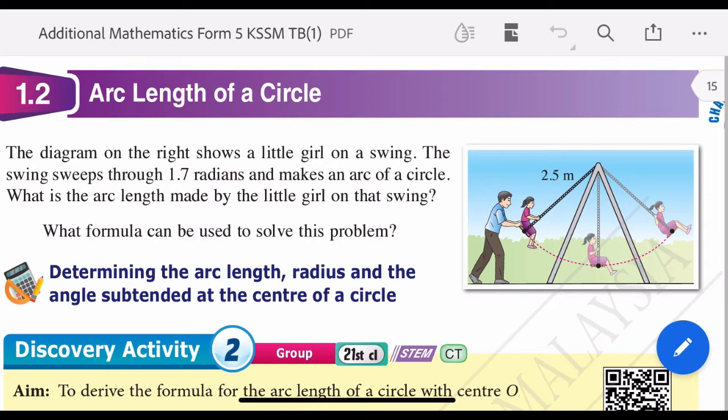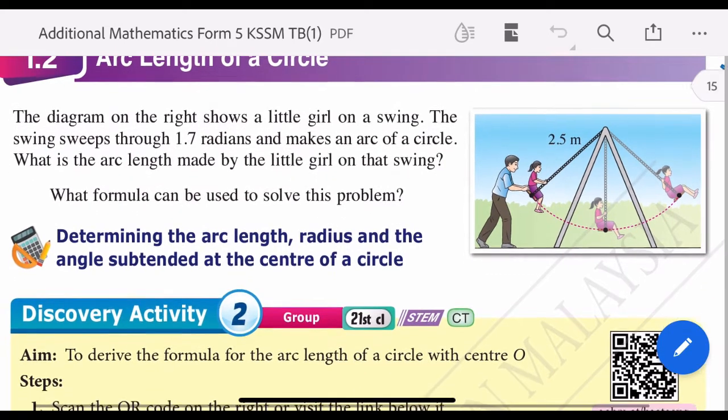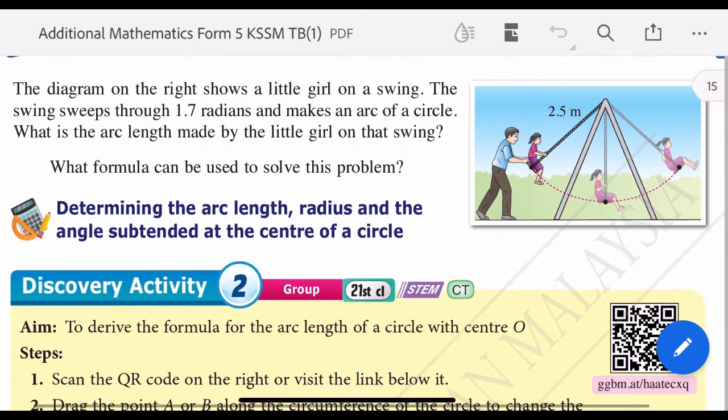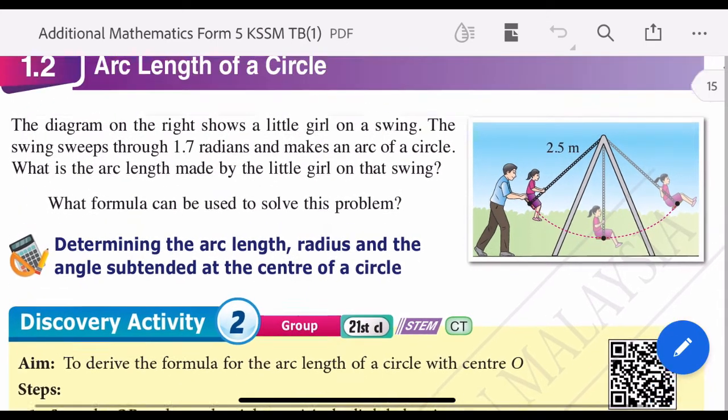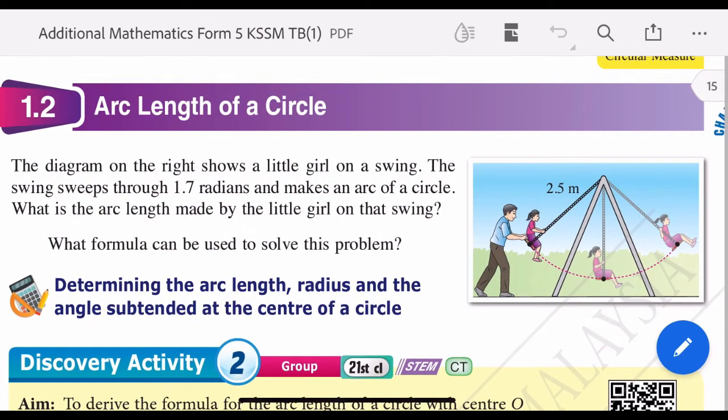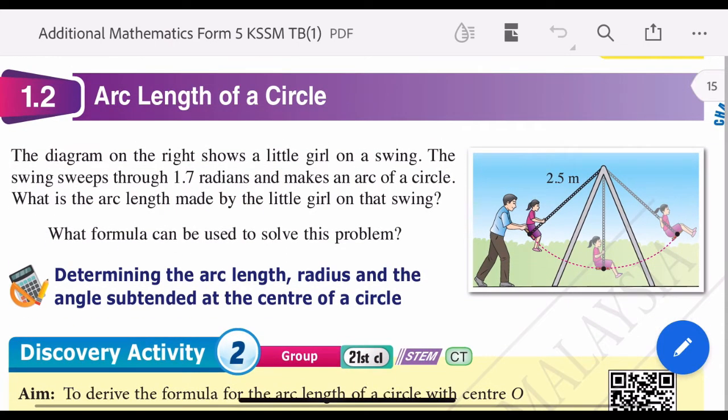Today we will discuss another subtopic, which is arc length of a circle. Please open the textbook to page 5, 1.2 Arc Length of a Circle.